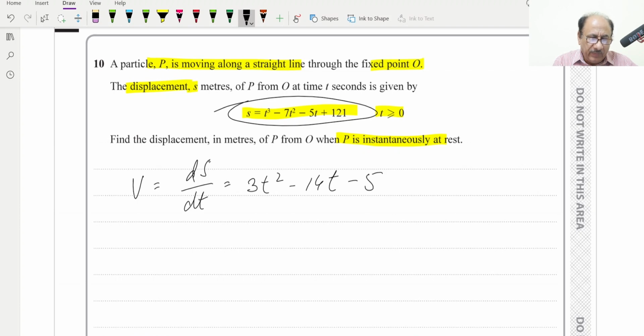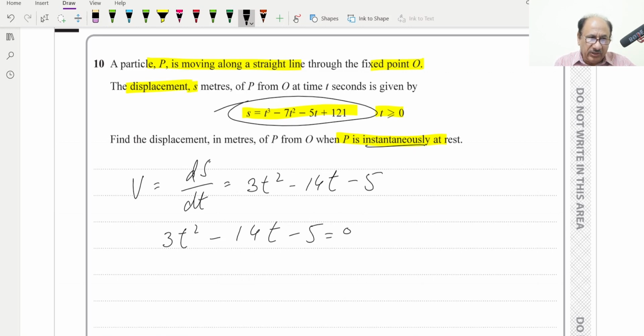For instantaneous rest we will just put it equal to 0. So this will be 3t squared minus 14t minus 5 is equal to 0. Change in displacement will be 0.